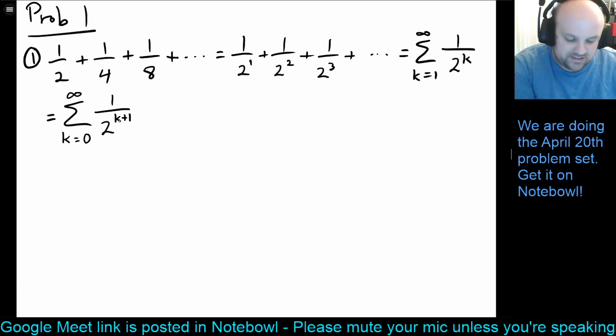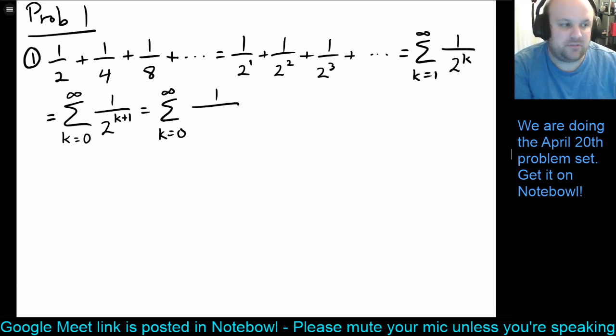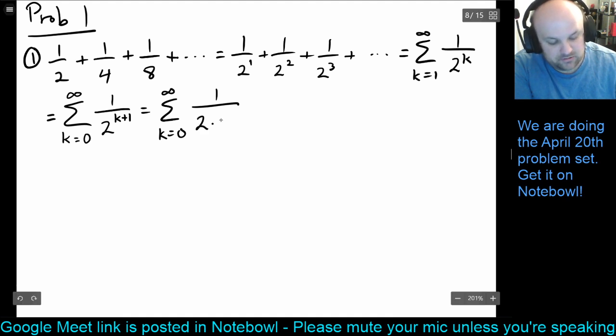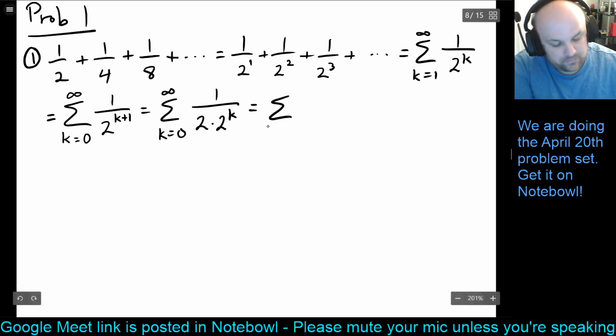Now, of course, this isn't quite a geometric series anymore, but that's all right, because we can use properties of exponents to sort this out. So on the bottom here, 2 to the k plus 1, that's just 2 times 2 to the k. And once I know that, I can split this up as 1/2 times 1/2 to the k.